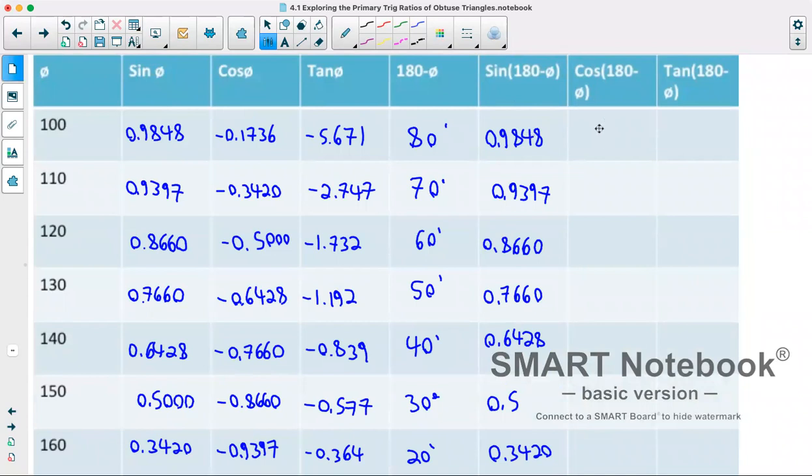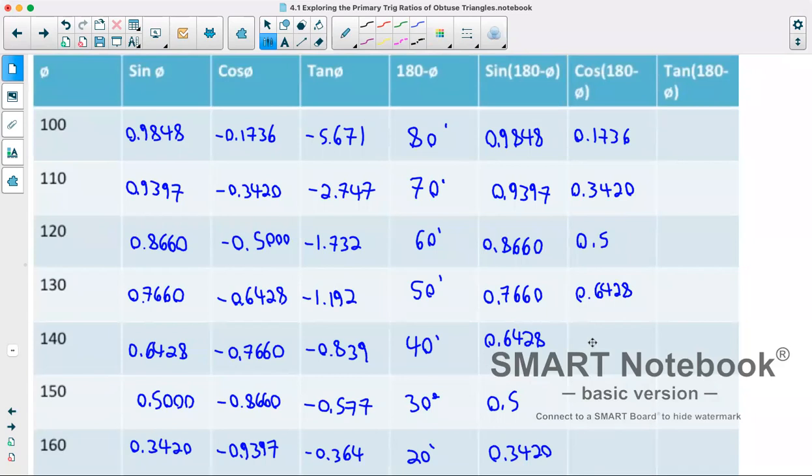So next we'll look to see if that pattern is the same with our cos. So cos of 180 minus 100, so cos of 80, gives us 0.1736. Cos of 70 gives us 0.3420. Cos of 60 gives us 0.5. Cos of 50 gives us 0.6428.